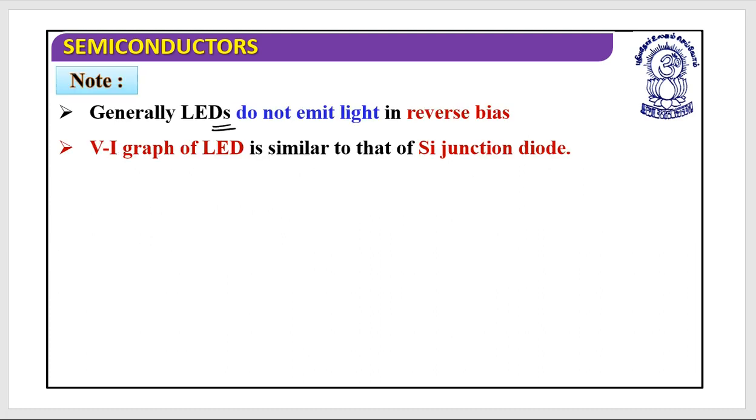Generally, LEDs do not emit light in reverse bias, so they work in forward bias only. The voltage versus current graph of an LED is similar to that of a silicon junction diode. The VI characteristics of the normal PN junction diode and the LED are almost similar, no difference.